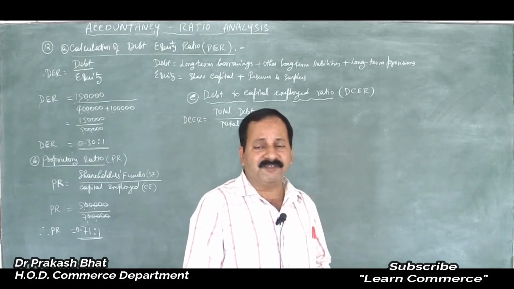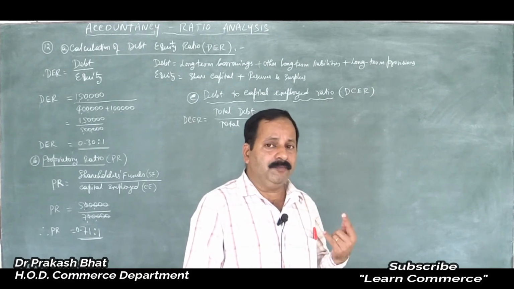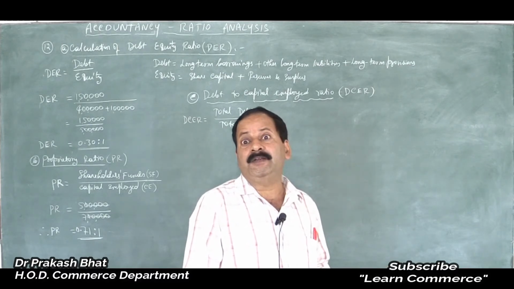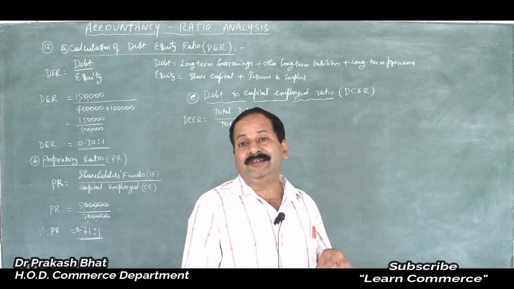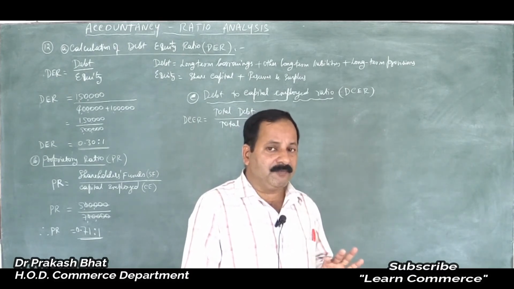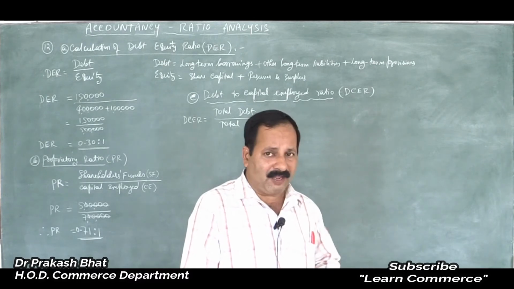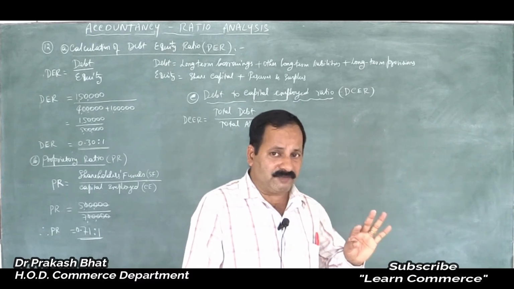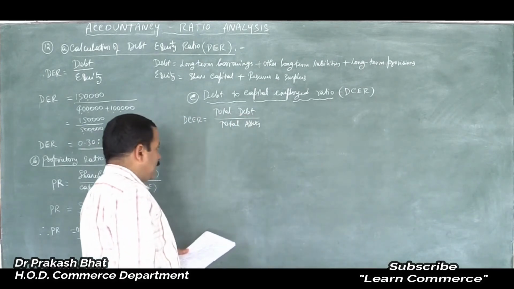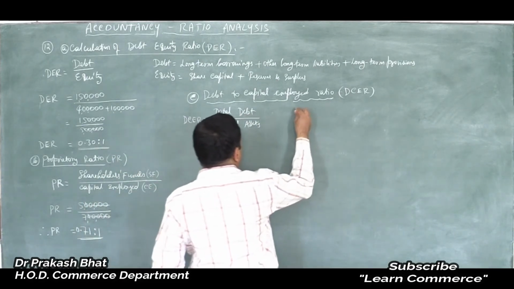Short term loans come under current liabilities and long term borrowings come under long term debt. But shareholders' funds will not come because it is the owner's fund. It is equity, and reserves and surplus will not come because they belong to shareholders. So total debts in the sense long term borrowings plus current liabilities.